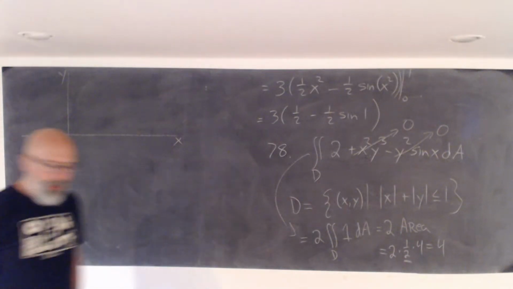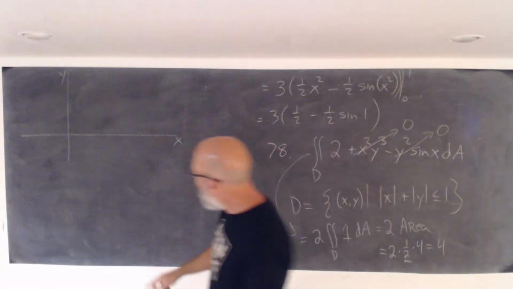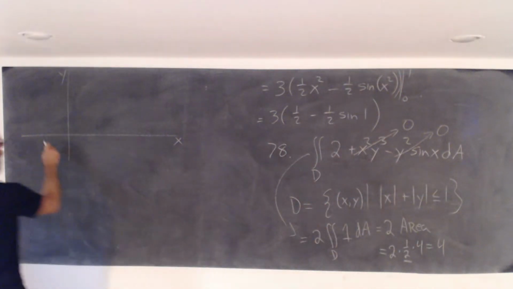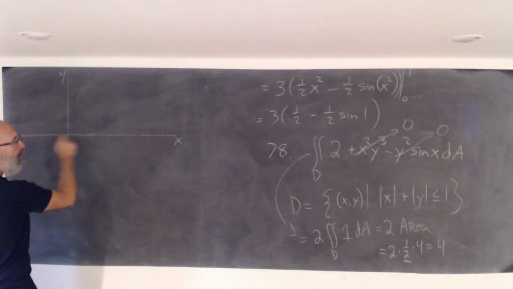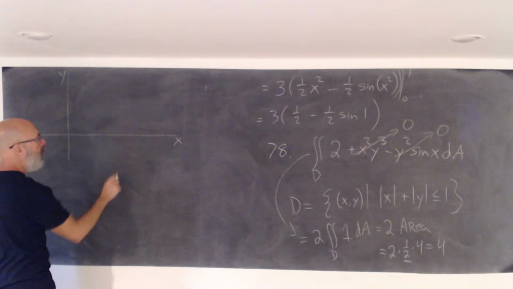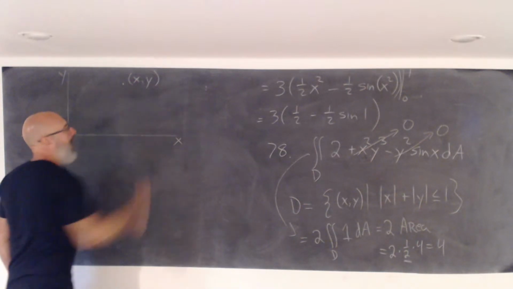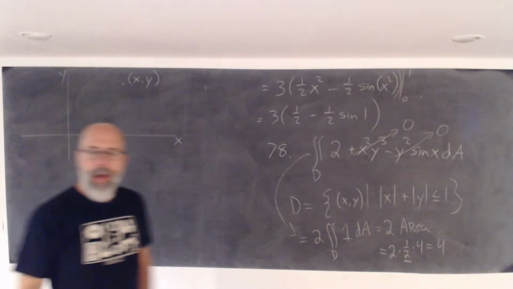If we're looking at the xy plane, we can completely determine a point by saying how far along you go on the x-axis and how far along you go on the y-axis. And that completely determines a point xy.